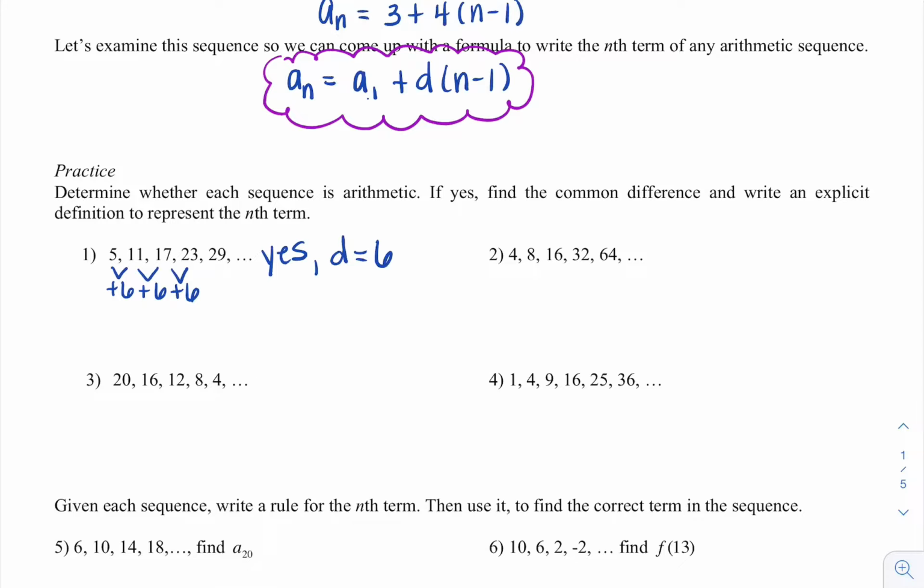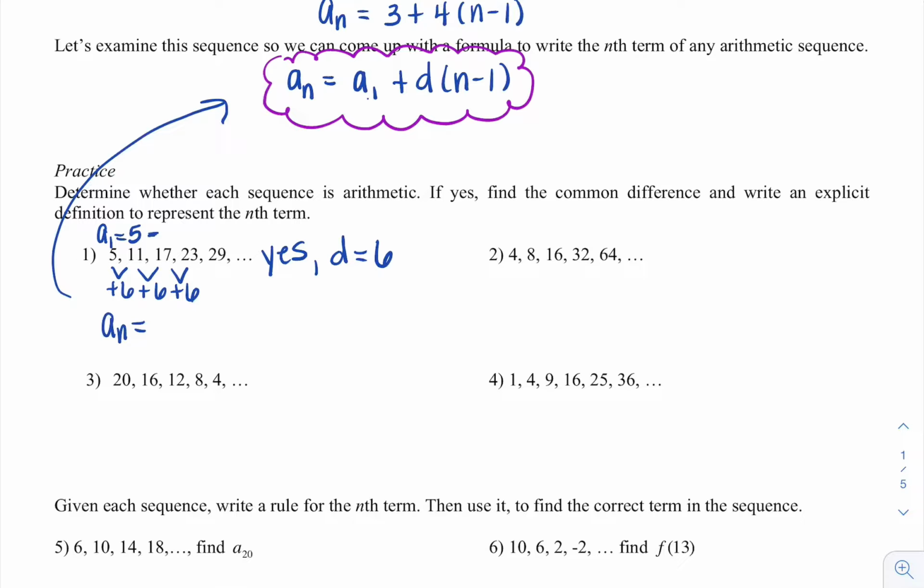Okay, so now that we can do that, now I want to write an explicit definition for this. My first term is the first term in the sequence, 5, and I'm going to use this model that we just talked about before. A sub n equals a1 plus d times n minus 1. Okay, so a sub n, you're going to leave as a sub n. You don't plug anything in for that because, again, you're trying to make a formula for this.